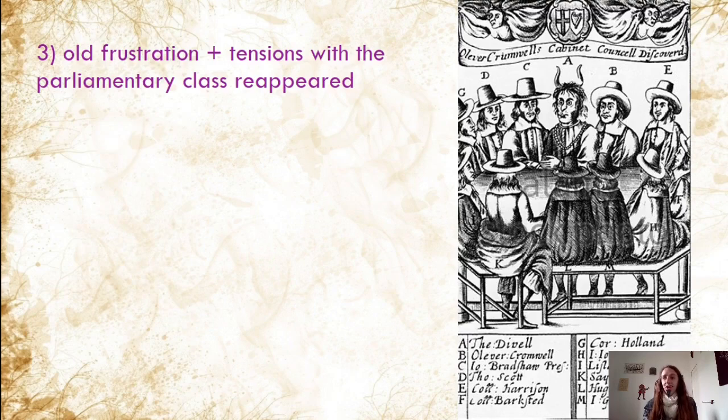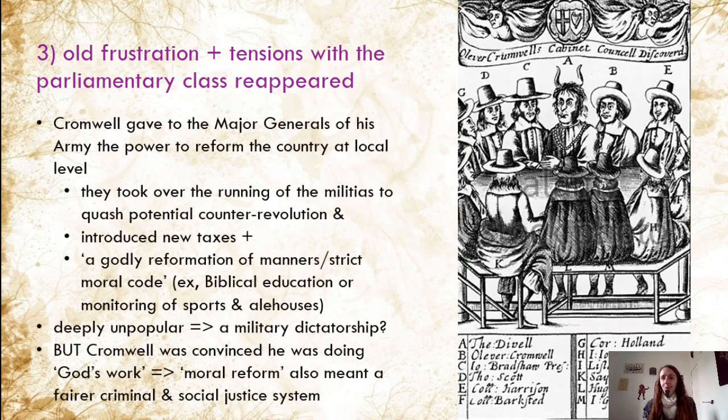All the frustration and tensions with the parliamentary class reappeared, with Cromwell giving the major generals of his army the power to reform the country at a local level. They took over the running of the militias to quash potential counter-revolution. They introduced new taxes.